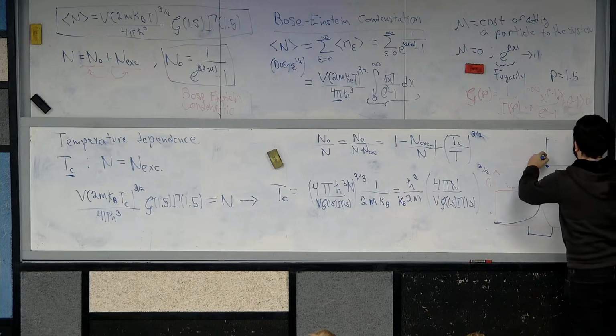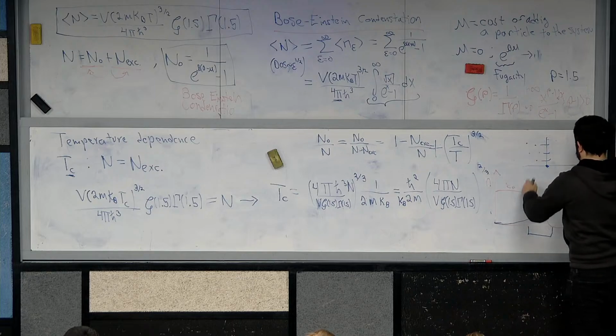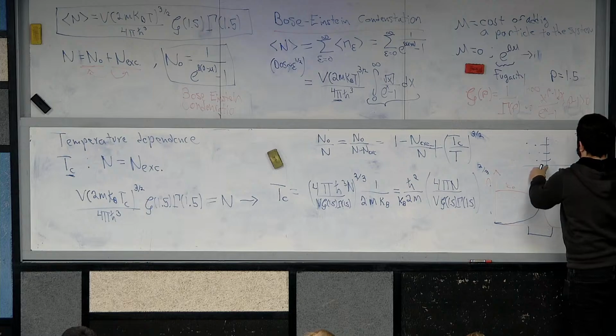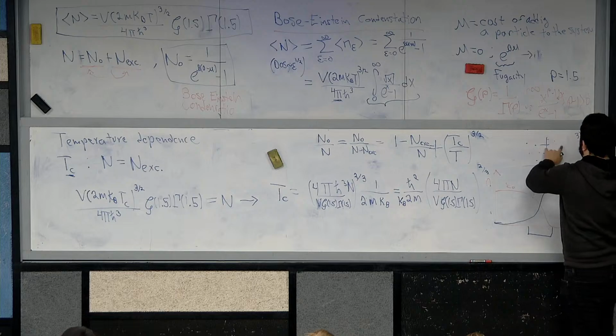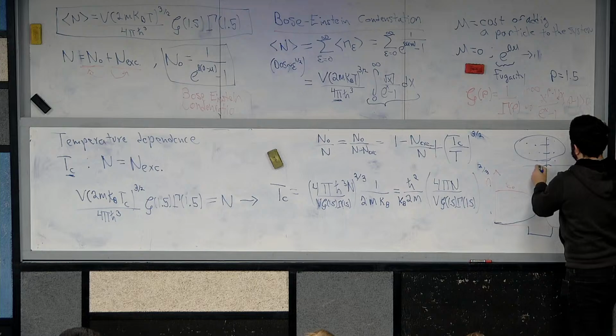But when I increase temperature, then the particles are starting to sit here, here, here. And then I get to a point where most of the particles are sitting above 0, so they are here, here, and all the big number of particles are sitting above the ground state, and maybe 1 or 2 particles are sitting here.